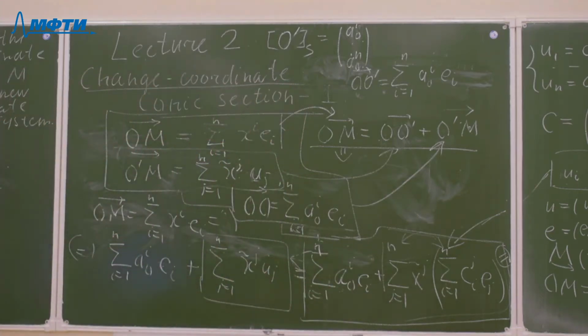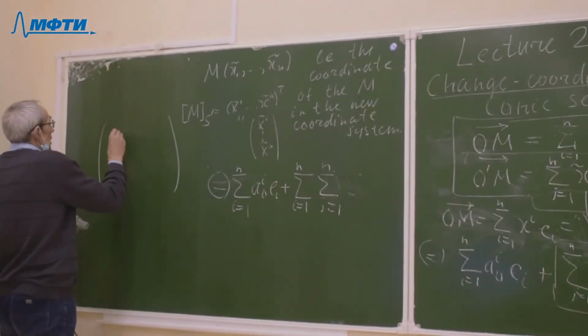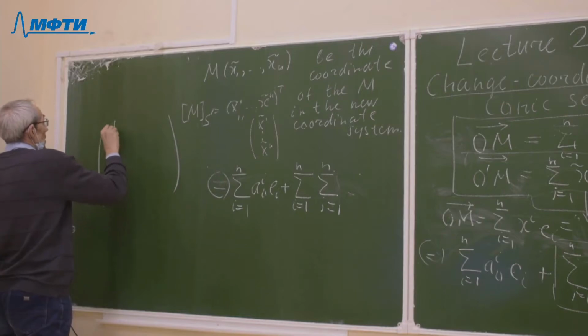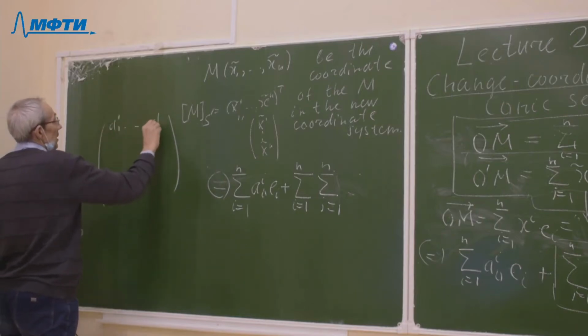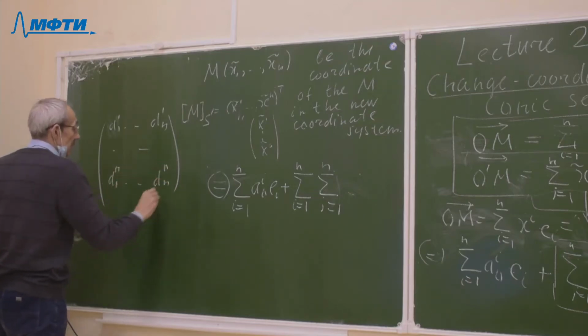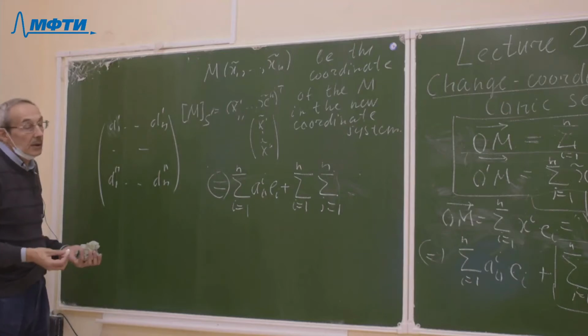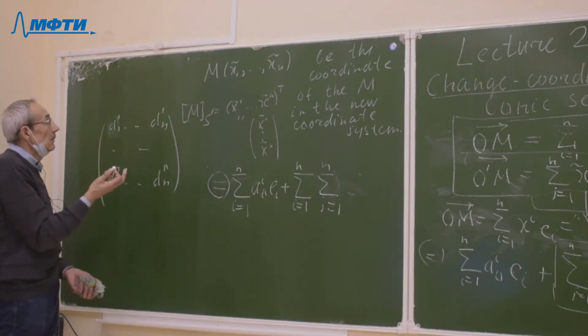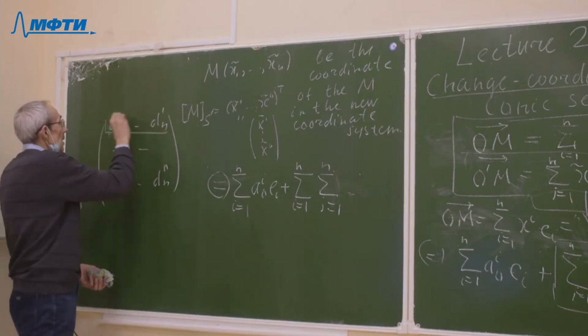If we have the following numbers, D11, D1n, Dn1, Dnn, we have this matrix, and we can use two forms of summation.